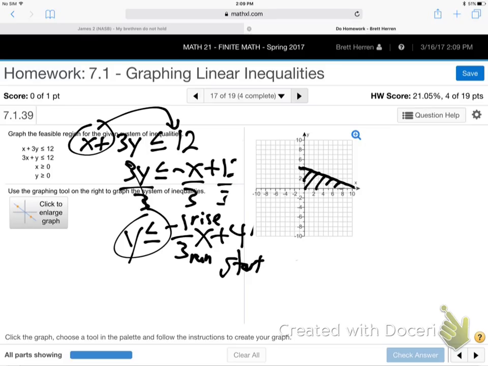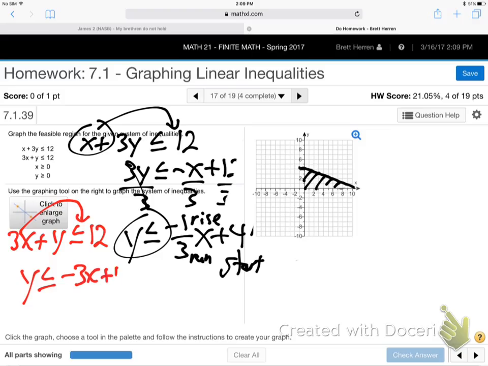The second one is 3x plus y less than or equal to 12. Solve for y, jump the 3x to the other side. We good? Where do we start graphing that thing? Up at 12. So that'd be about up here. Here's 12. And then go what?